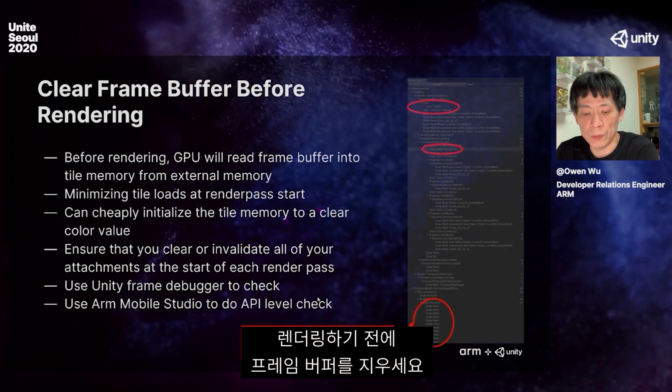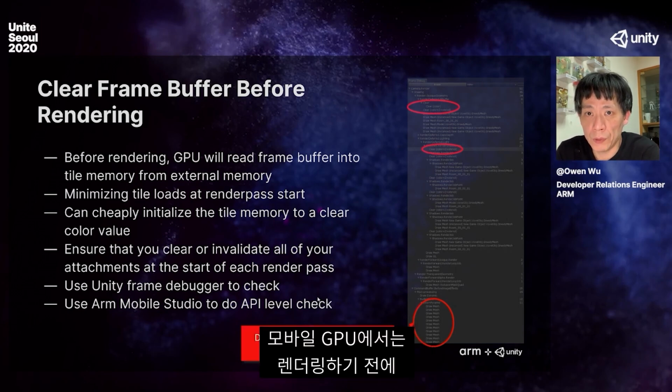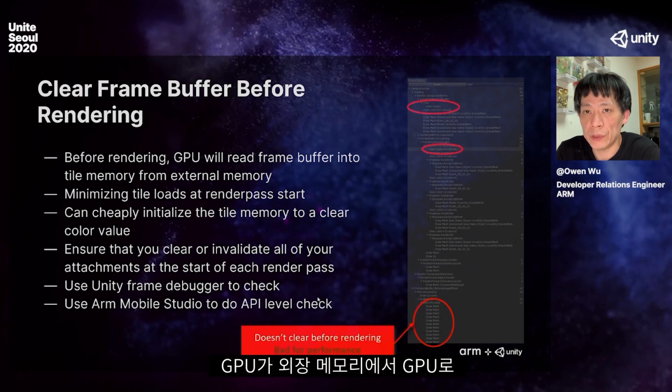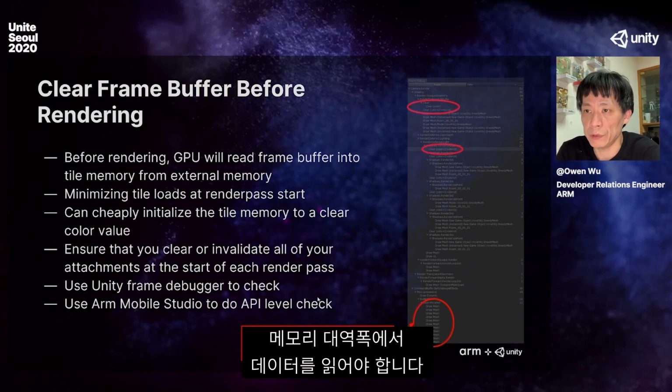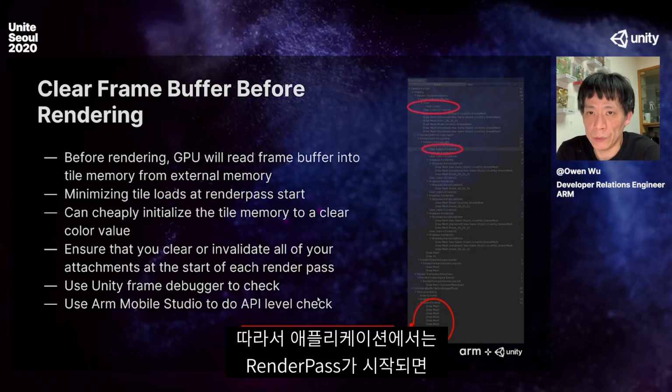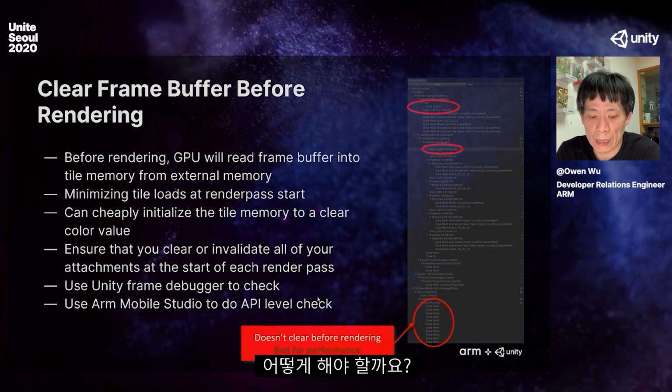And clear the frame buffer before rendering. On mobile GPU, before rendering, the GPU will load the frame buffer data into the GPU from external memory. So it will cost some memory bandwidth to do it. So the application should try to minimize the memory load when the render pass starts. How to do that?